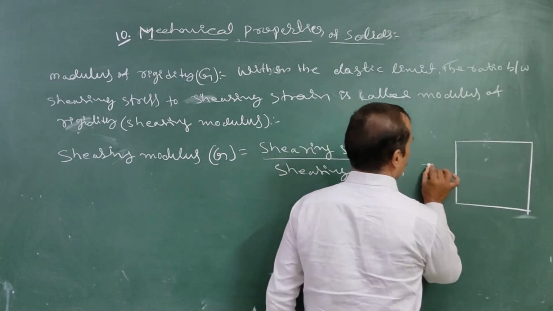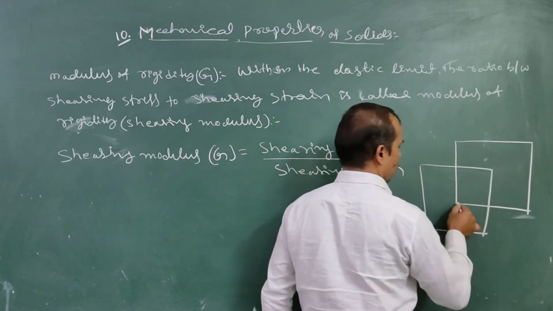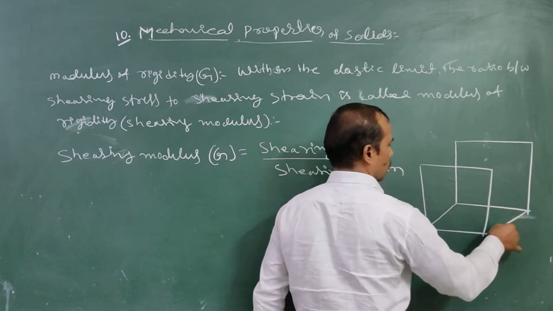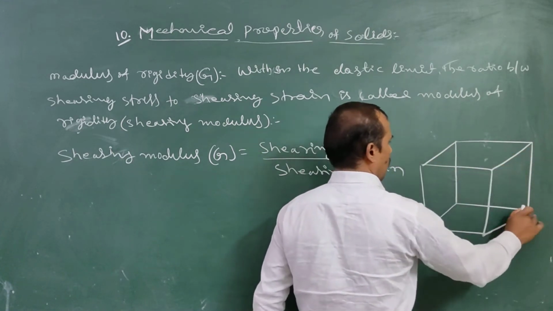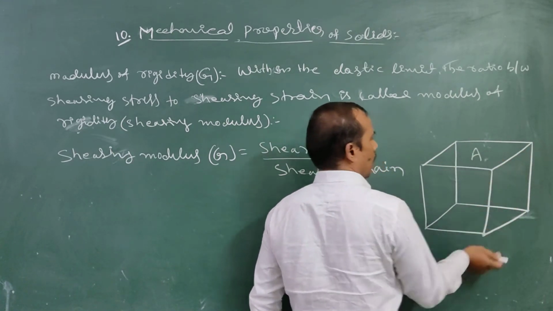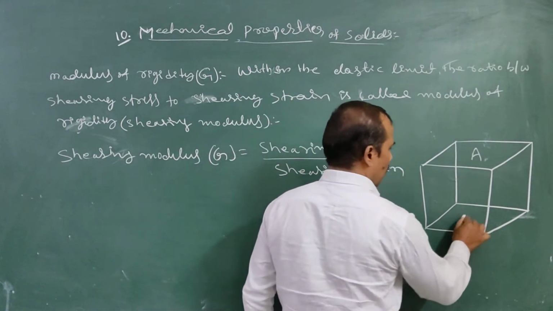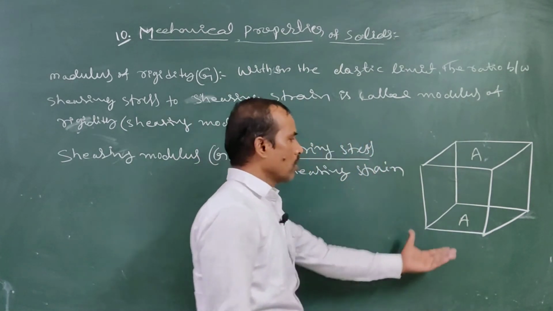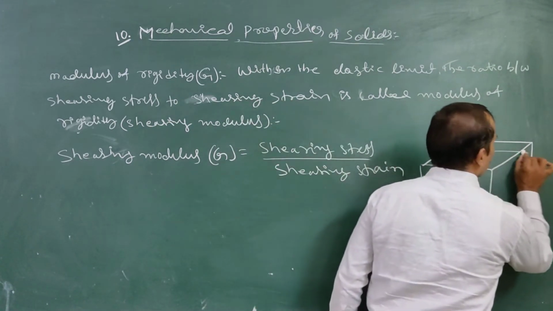Now here A is the upper surface of the cube, and this is the lower surface of the cube. The force is applied parallel to this surface.